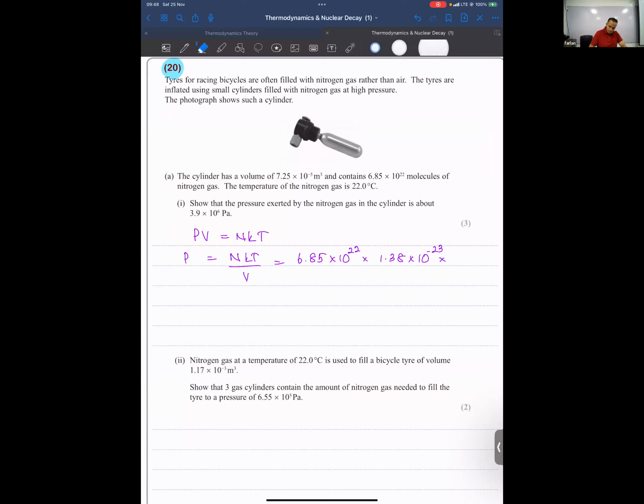Temperature is 22, which is 295 Kelvin. Volume is 7.25 into 10 to the power minus 5.